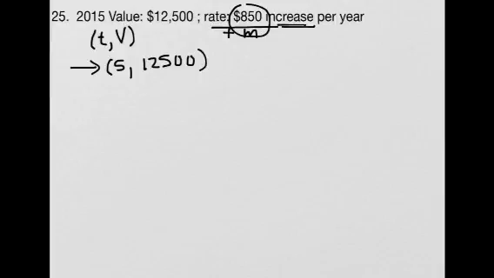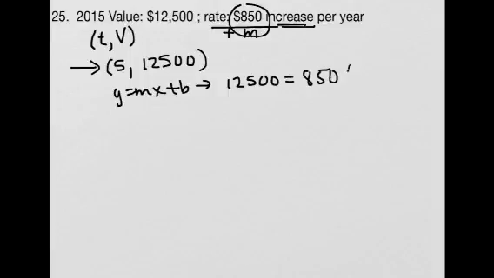So, using the slope-intercept form, my y is 12,500. The slope is 850. X is 5, and we're solving for b. Okay, so multiply 850 times 5, subtract it from 12,500.